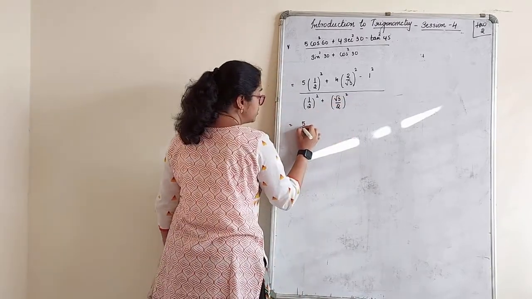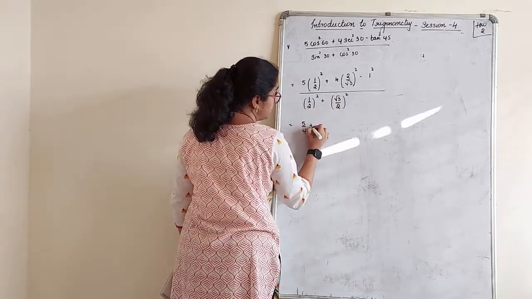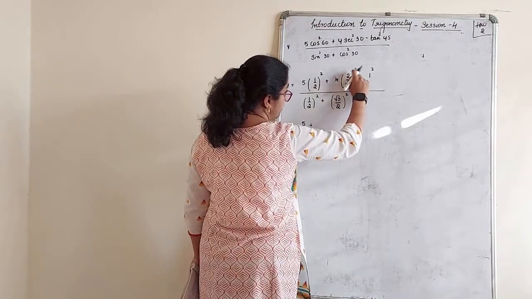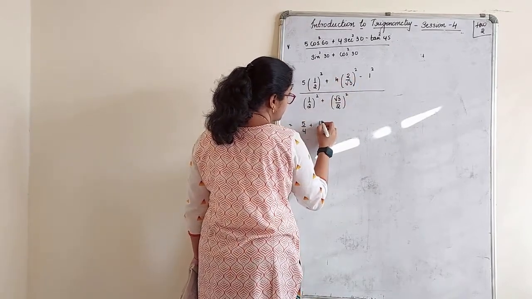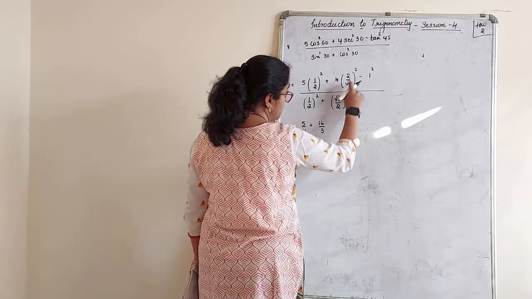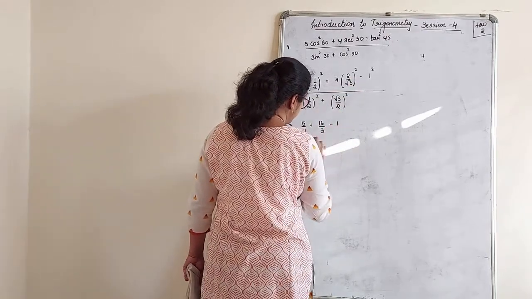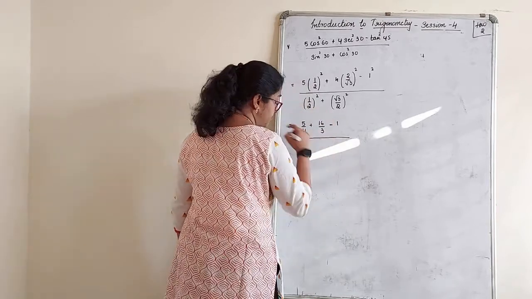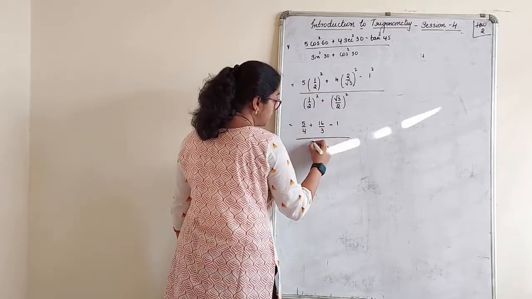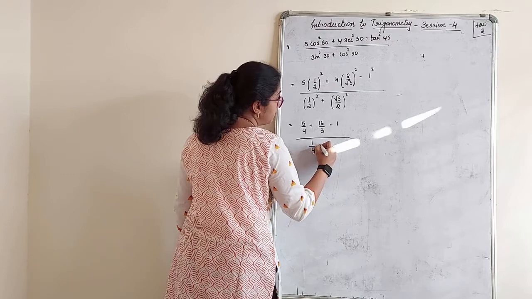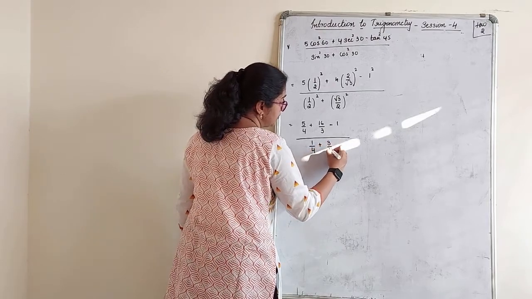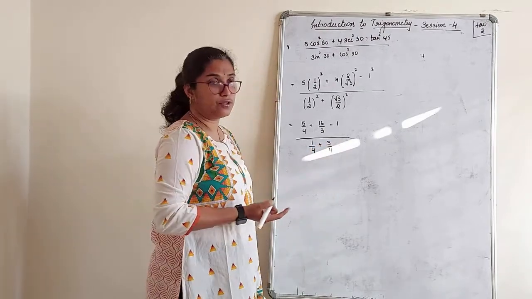Simplify now. 5 by 4 plus 2 square is 4, 4 4s are 16 by 3 because root 3 square is 3, minus 1. 1 by half square is 1/4 plus this is 3/4. 1/4 plus 3/4 is 1.